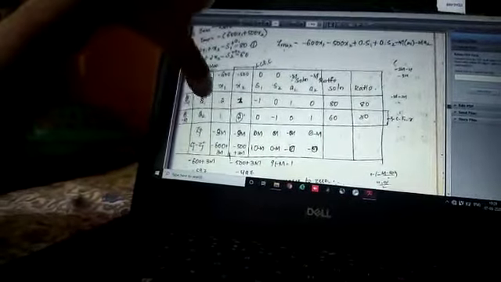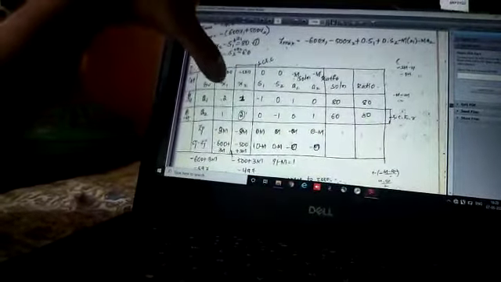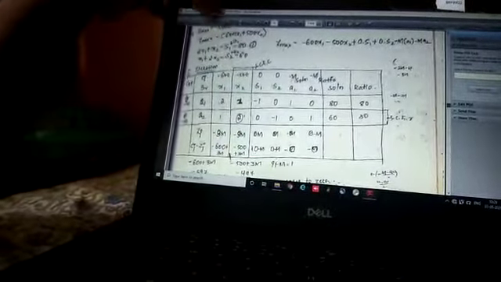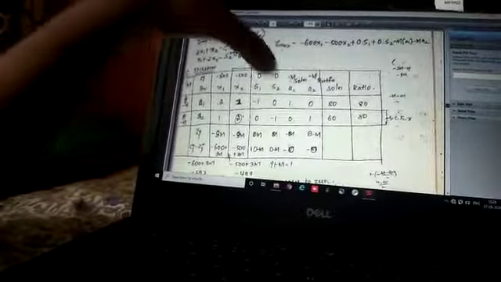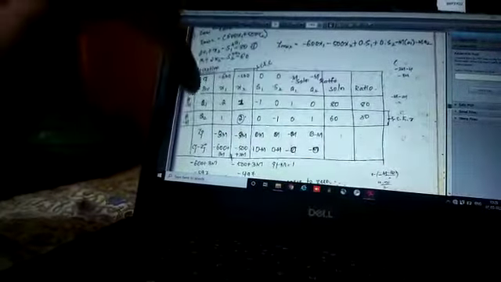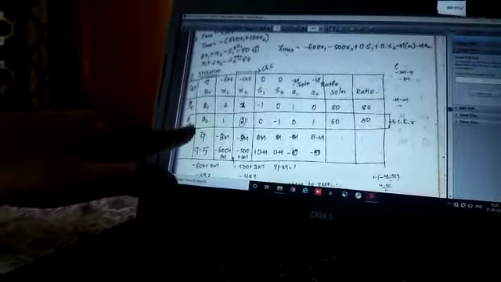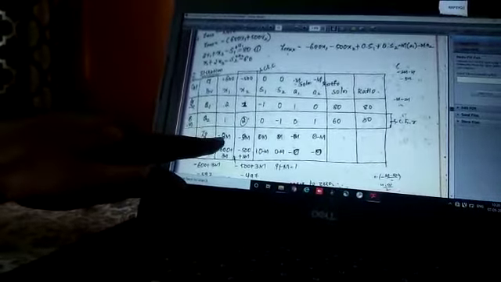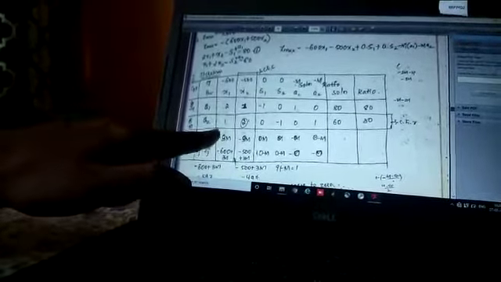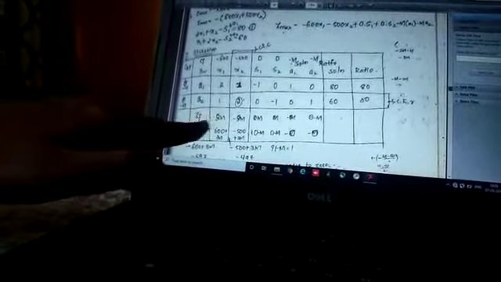Go for writing the coefficients of the given constraints, that is first constraint 2, 1, minus 1, no s2 term 0, a1 coefficient is 1, no a2 0, and similarly write the second. Go for calculating the Zj: minus M into 2 is minus 2M, minus M into 1 is minus M, that is minus 3M. Similarly calculate all the values of Zj.